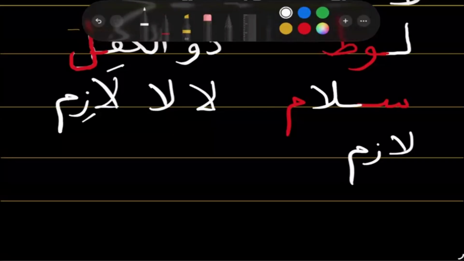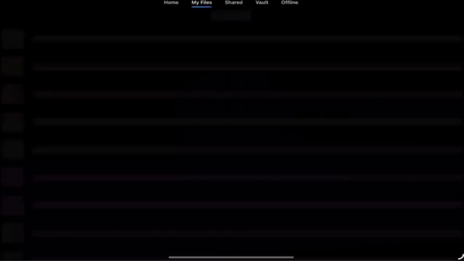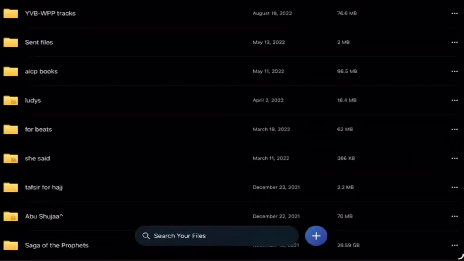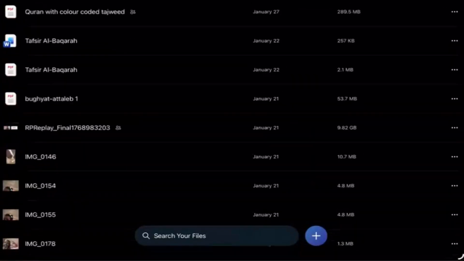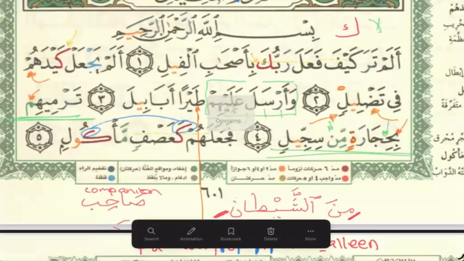Okay, let's take a quick look in the Mus'haf, inshallah. Oh man, shut it down for me. Let's see what we find with lamb here. Lamb all over the place.